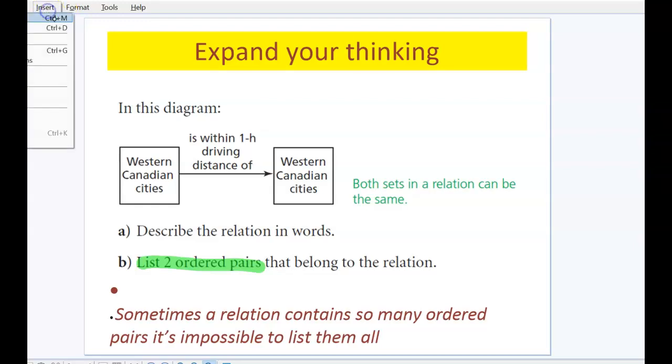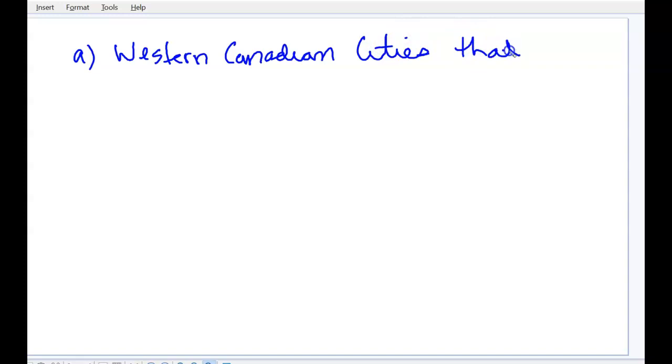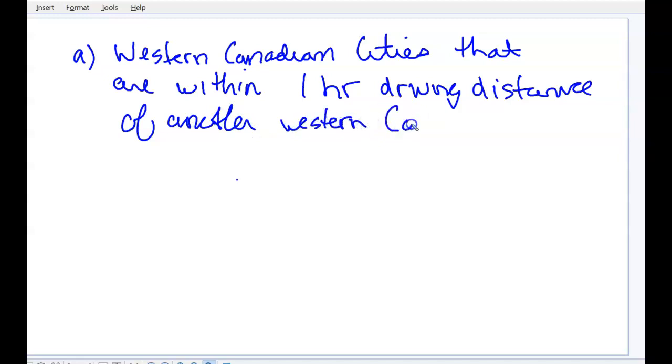In part A, we're asked to write this relation in words. So basically, Western Canadian cities that are within 1 hour driving distance of another Western Canadian city.